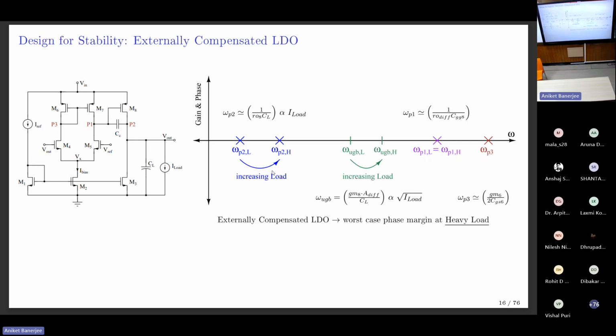There's a very important thing about LDOs that we have to analyze as step one, which is the frequency compensation or the stability analysis. If you've done diffamp stability or OTA stability analysis, the only nuance that comes here is the variation of the pole frequencies with respect to load current. Let me say that again. If I was designing an OTA, there was no load being drawn.